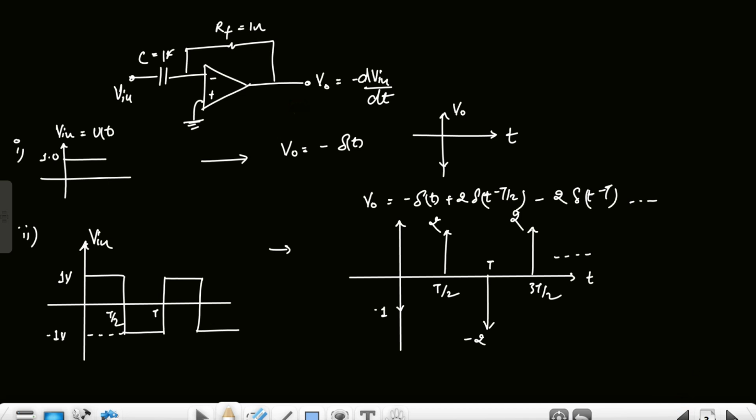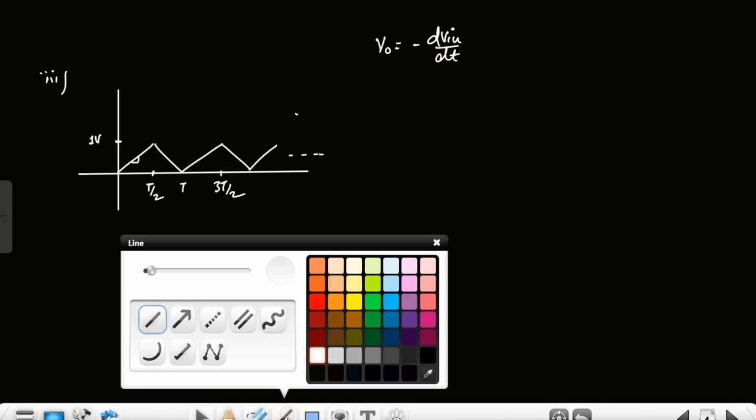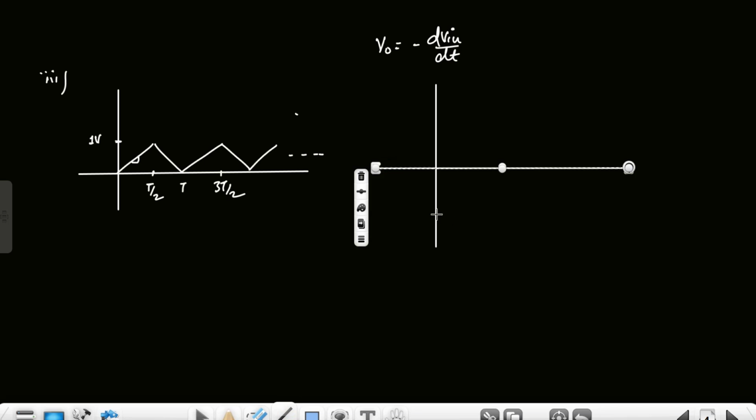Basically we get its inverted version, so the output will be minus dVin by dt. So here the output will be like this, and this height will be equal to the slope of the ramp, and it is repeating.